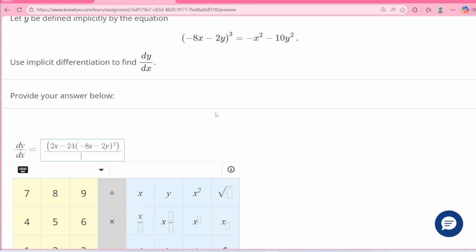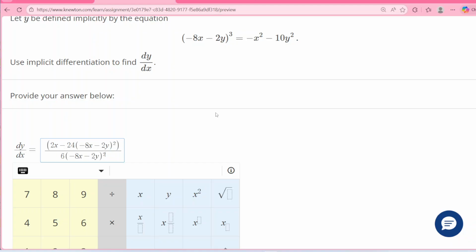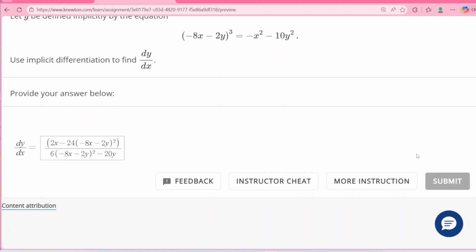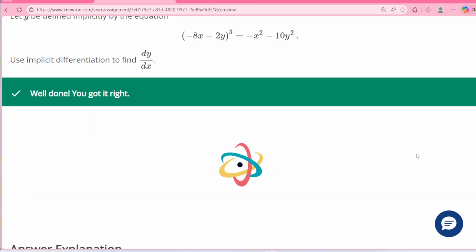Right, that's all in the numerator. And denominator, 6 times the quantity negative 8x minus 2y, squared, then minus 20y after that. And this should be good. Great.